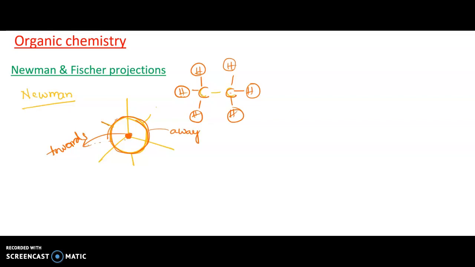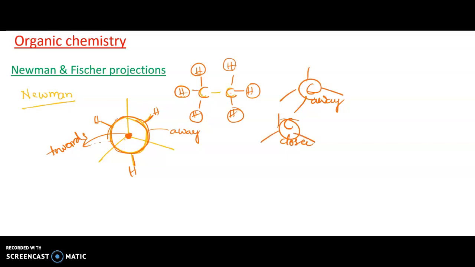The bonds starting from the circumference of the circle are bonds of the carbon which is far from the observer. This is the away carbon and this is the closer carbon. Each has three hydrogen bonds.